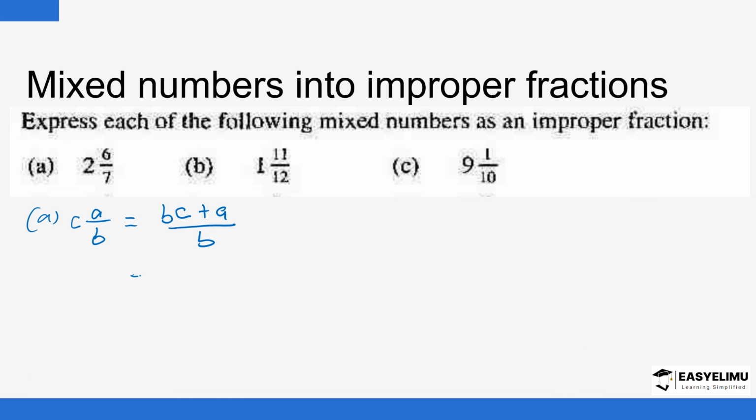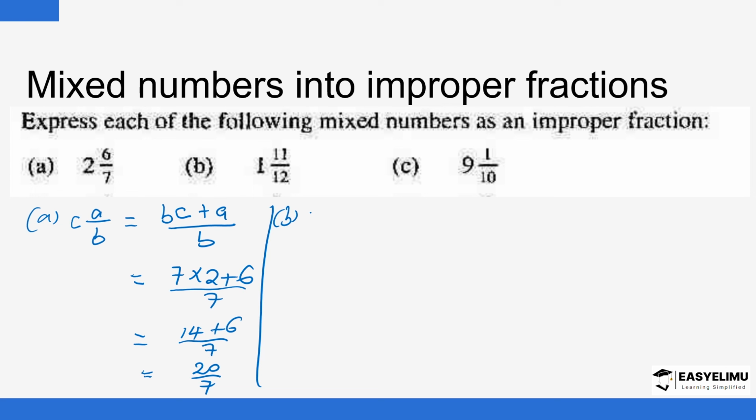For example, now part A is going to be 7 times 2 plus 6 over 7, which is going to be 14 plus 6 over 7, which is going to be 20 over 7. B again is going to be 12 times 1 plus 11 over 12.